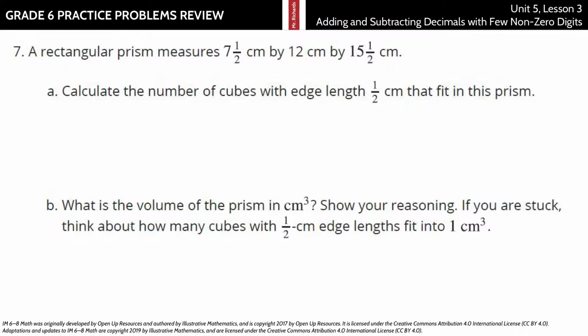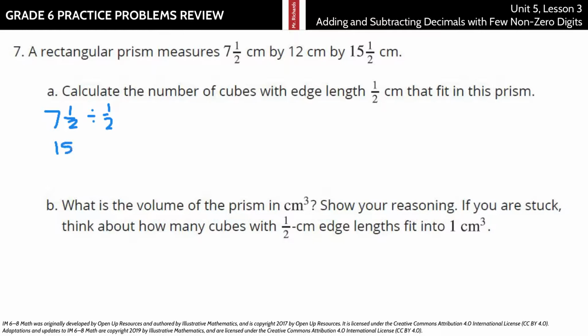Question 7. A rectangular prism measures 7.5 centimeters by 12 centimeters by 15.5 centimeters. Calculate the number of cubes with edge length ½ centimeter that fit in this prism. Well, if we take our one side here at 7.5 and divide by 1/2, we can find how many cubes that are ½ centimeter will fit on that side.